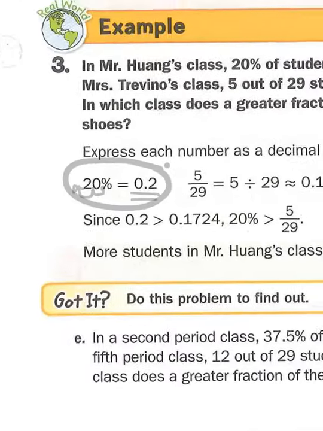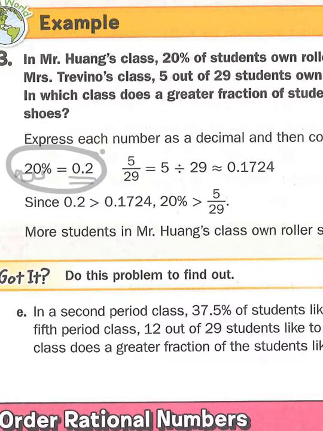Now, to convert a fraction to a decimal, remember a fraction means to divide. So we would do 5 divided by 29. And when you do that, you would get 0.1724, which you can see here, or you get approximately that.